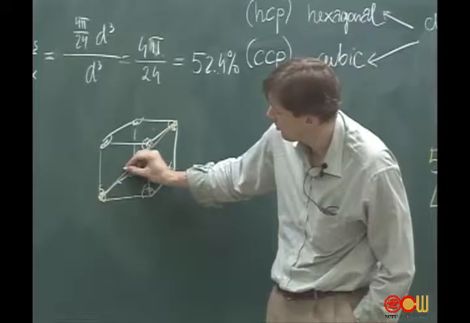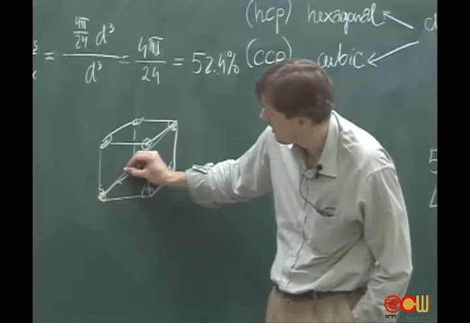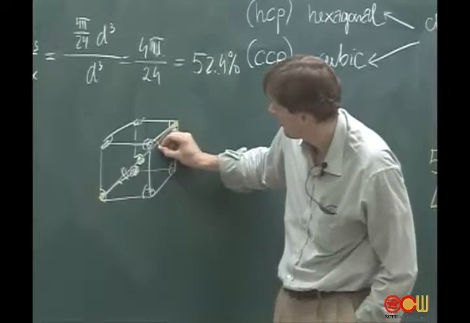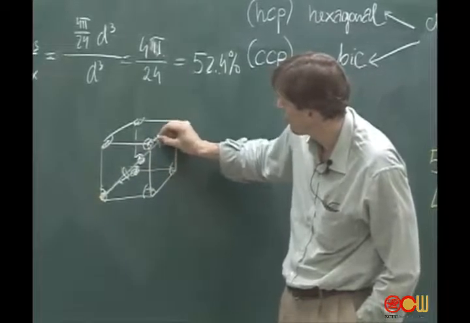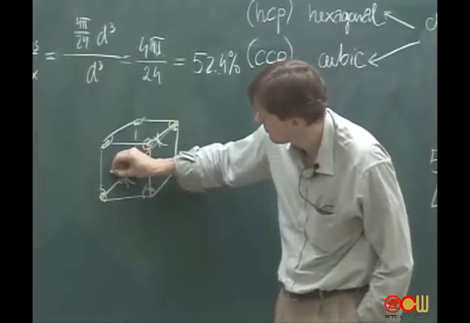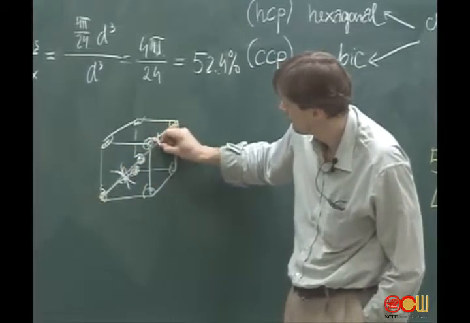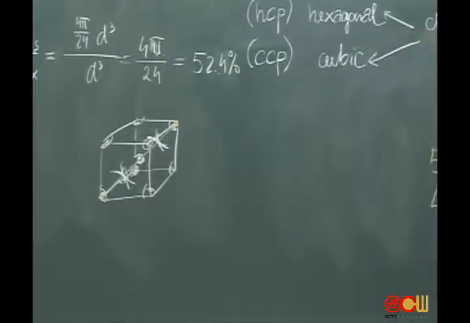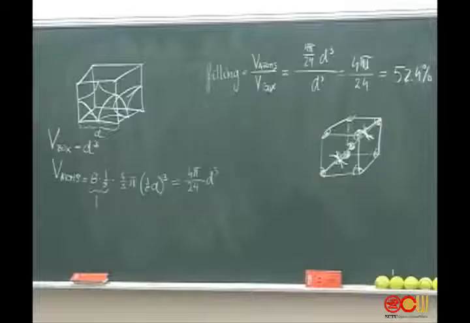It means this atom would go to the half of this line, maybe here and here, and this atom would go up to half of this line. Right, so I'm starting again.